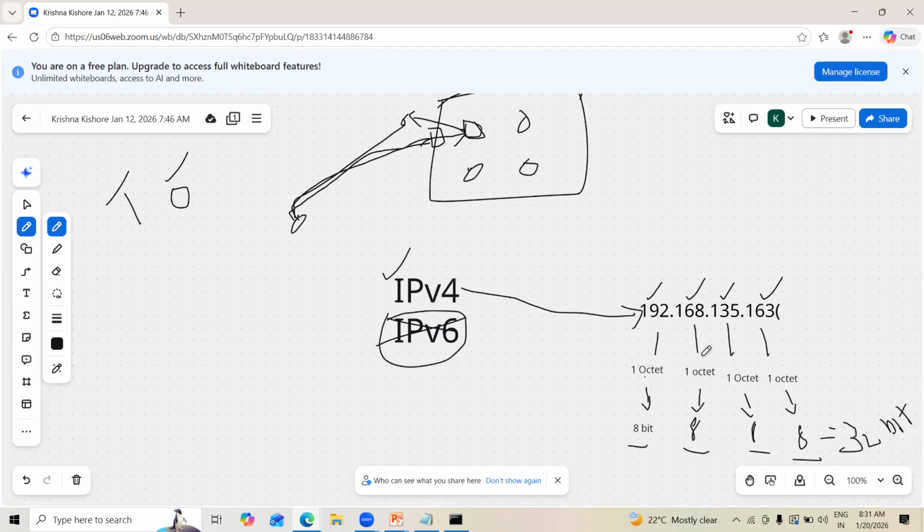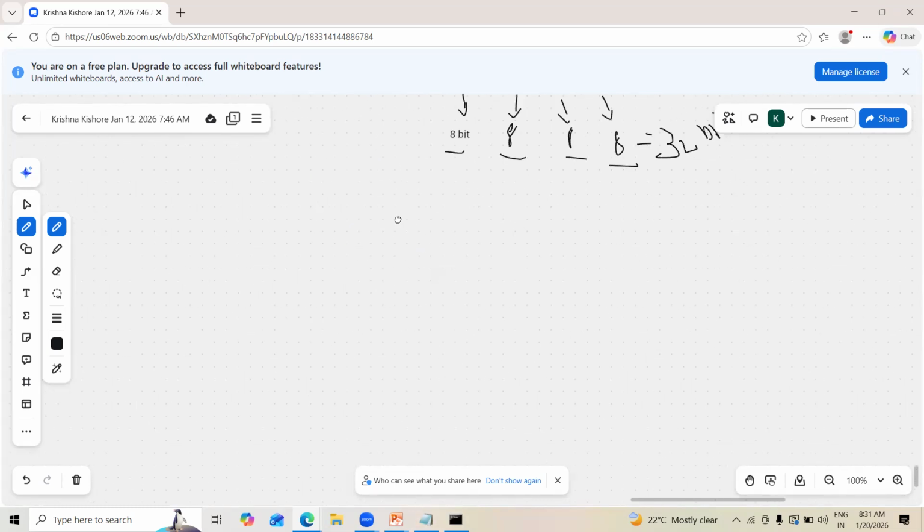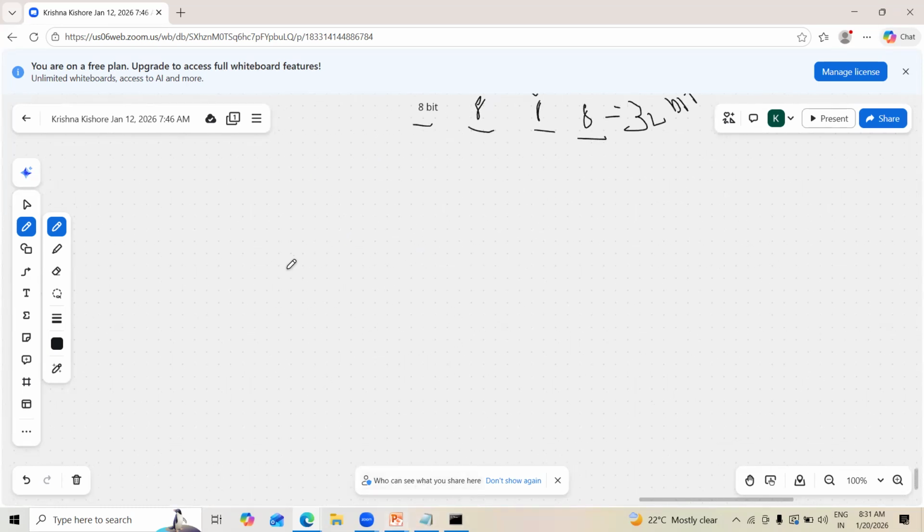In each bit, we are providing some number. We will see that. For each bit we have a list, which we can call the octet chart. Let me create that.